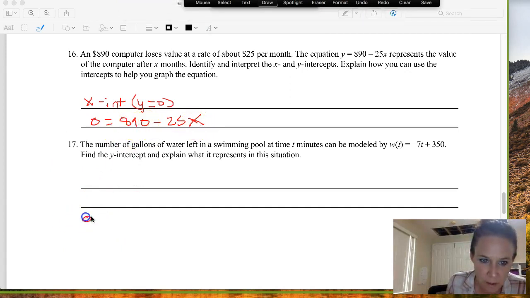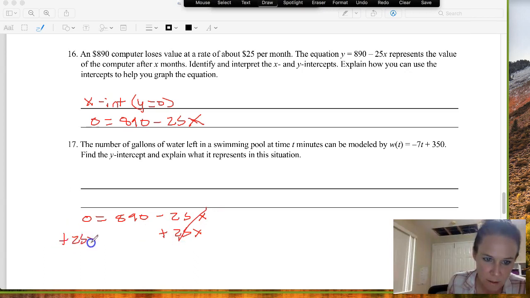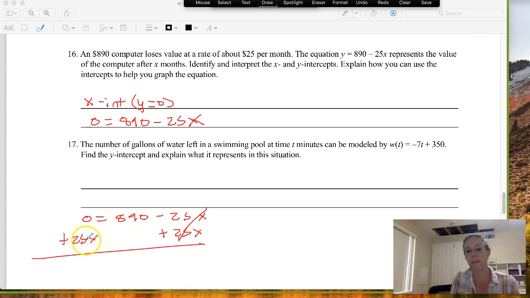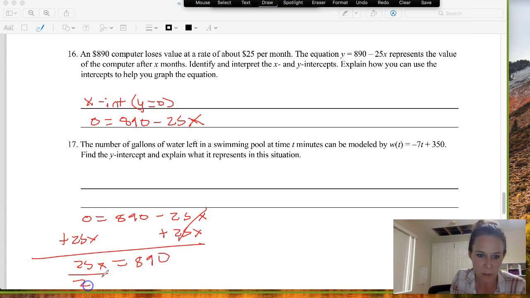So if 0 equals 890 minus 25x, to solve for x, add 25x to this side to make it positive. So I'm going to add plus 25x to that side of the equation. Now I get 0 plus 25x, which is just 25x. That equals 890. And then to solve for x, I just divide both sides by 25.